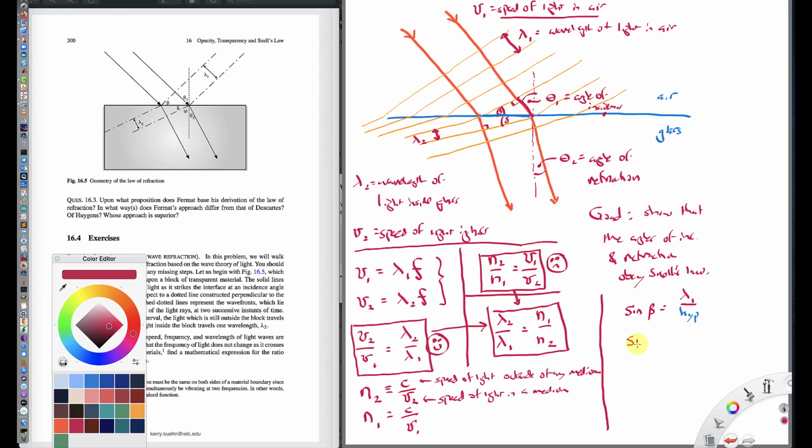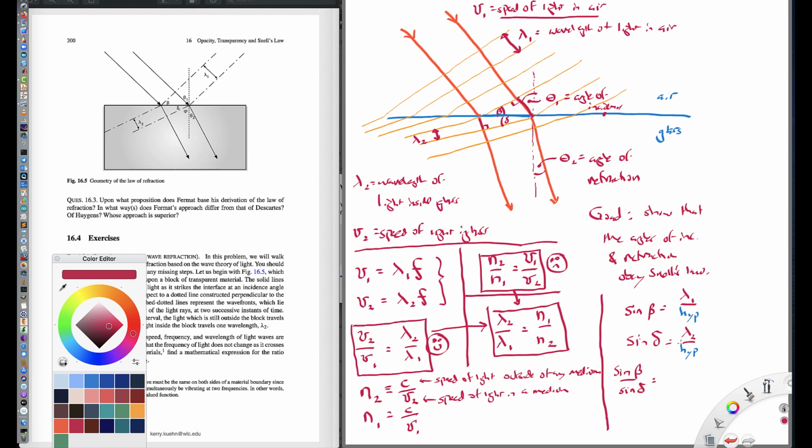Also notice that sine of delta, that's the sine of this angle right in here, is going to be opposite, that's this right here, which is lambda 2, over the hypotenuse, which is also the same blue line right here. Okay. Now what I'm going to do is divide sine of beta by sine of delta.